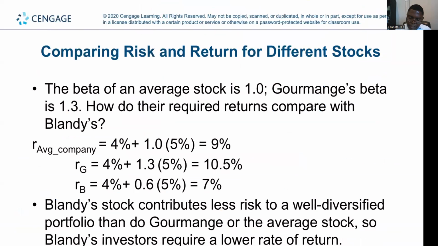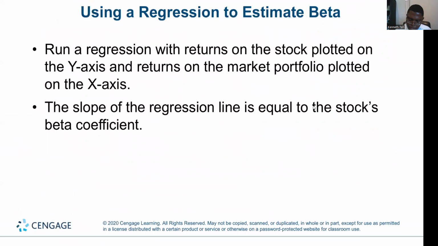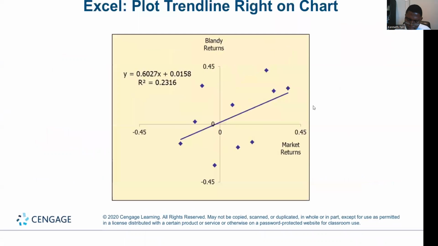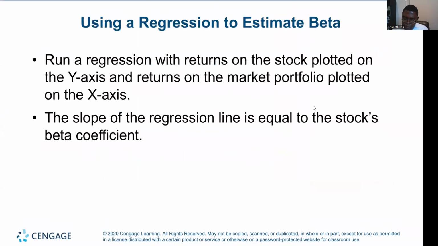The beta coefficient is actually the slope of the company's return and the market return. So this slope is what we call the beta coefficient, the beta coefficient of the company.